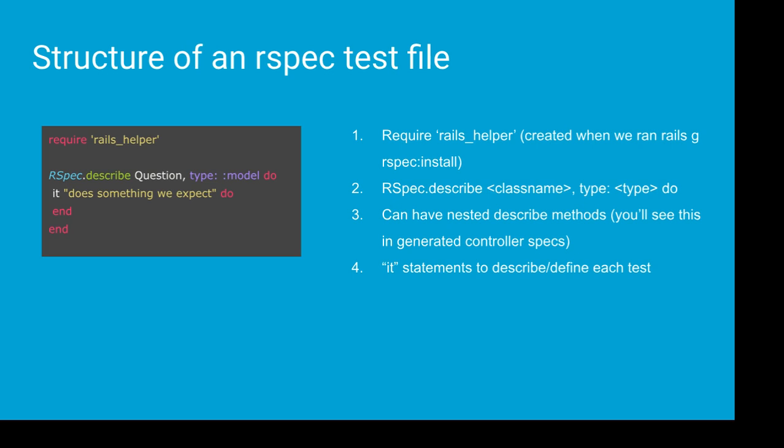You can give it a class name, the class that you're testing with this test, and you can give it a type, so the type of class that this thing is. In this case, we're testing a model. After the describe, we have a do, and it has an end, so it's like a block of code in this describe. Then inside of a describe block, we put it blocks, and an it is like a single test. We say it, and then we give it a string which describes what this thing is testing, and it also has a do and an end. So we have it blocks inside of describe blocks.